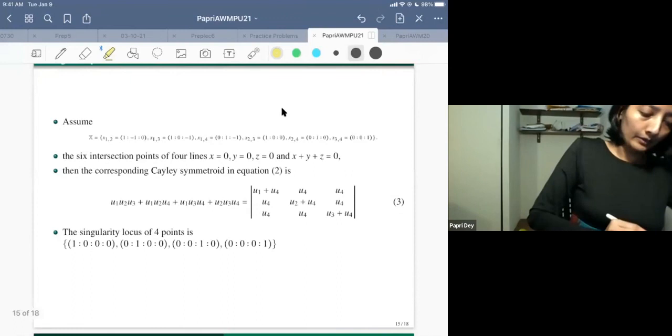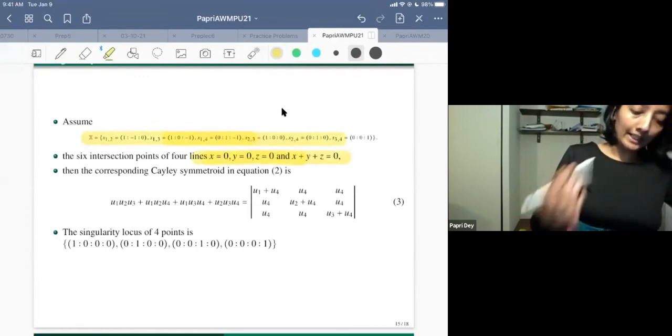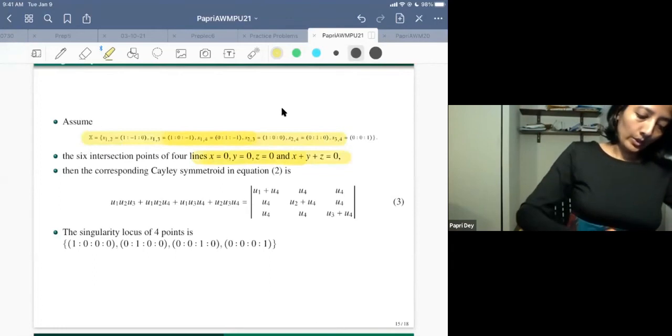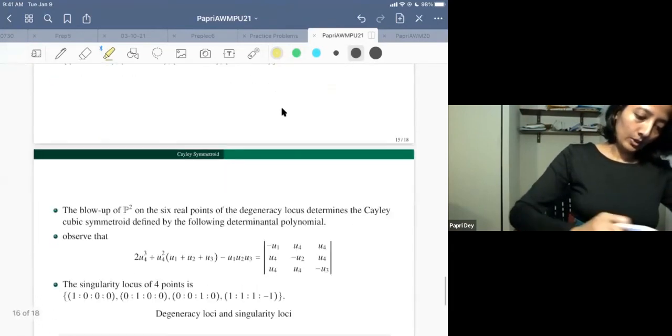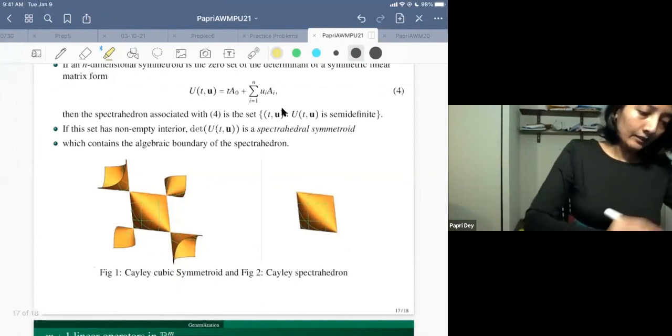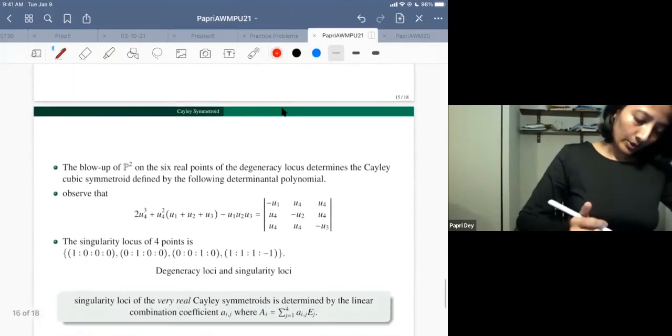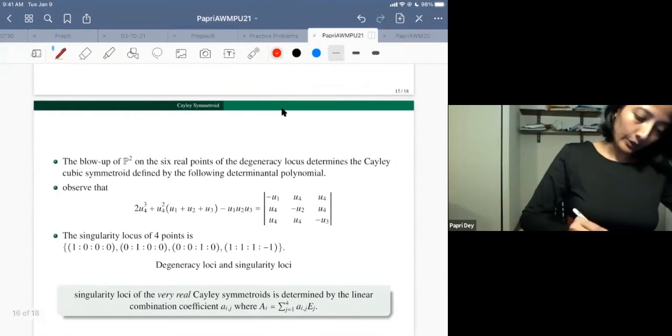So our running example shows us that this is our standard degeneracy locus for the 4 lines. Then the corresponding Cayley symmetroid is this one, which we can see in the next slide. We can visualize it here. And these are the 4 nodes or singularities, which can be obtained from the degeneracy locus, or loci, these points.